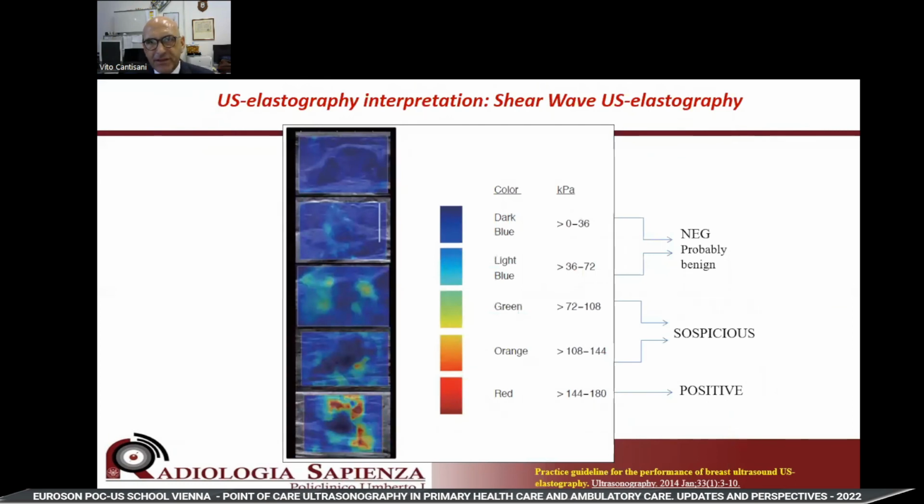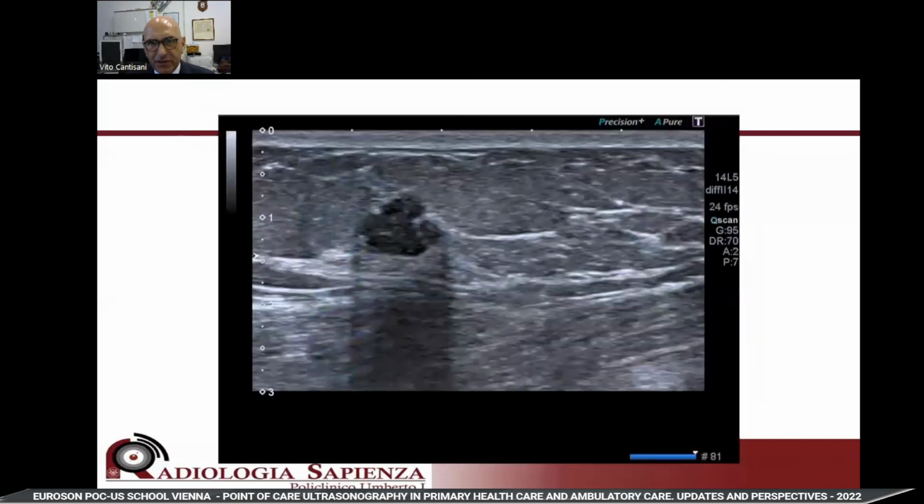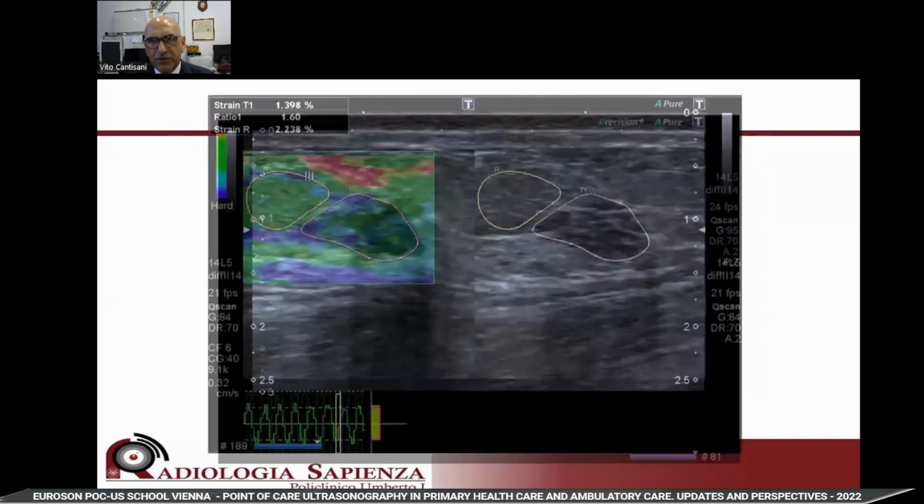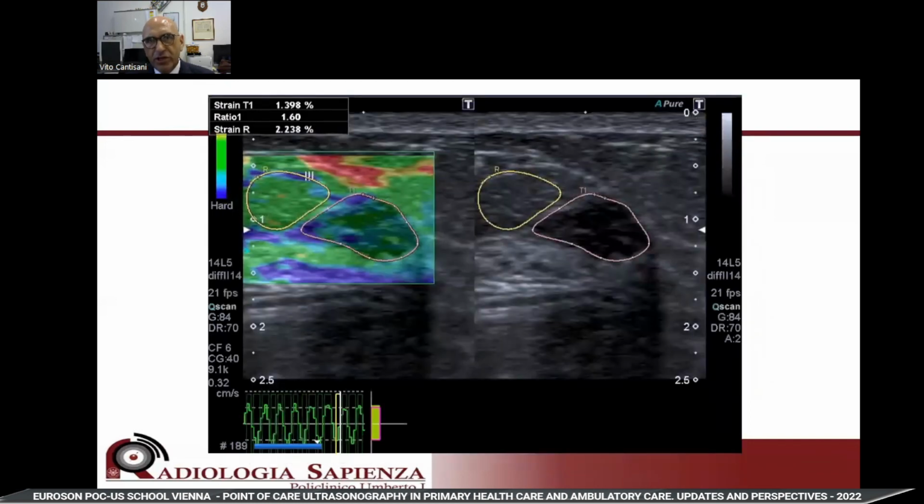Also for breast and also for shear wave, there are different possible scales for dividing the negative from the positive lesion. Here is again a nice example of how important the qualitative B mode is. Then the ROI: you can draw your lesion, you can put a circular ROI.